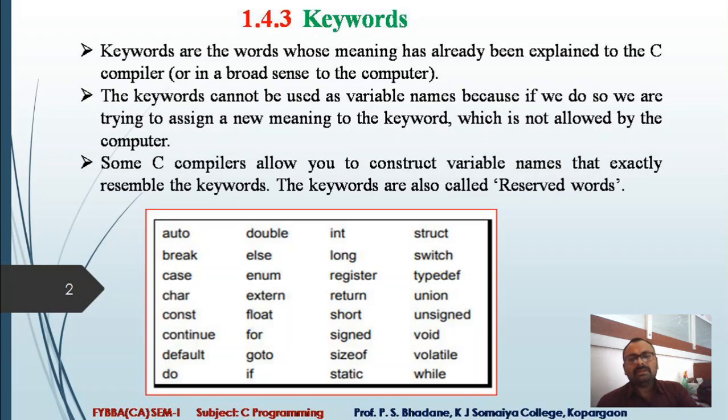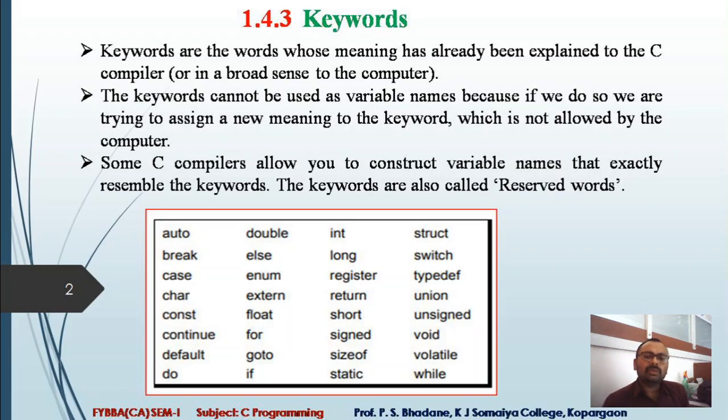Some C compilers allow you to construct variable names that exactly resemble the keywords. Keywords are also called reserved words. The diagram contains the names of the keywords.